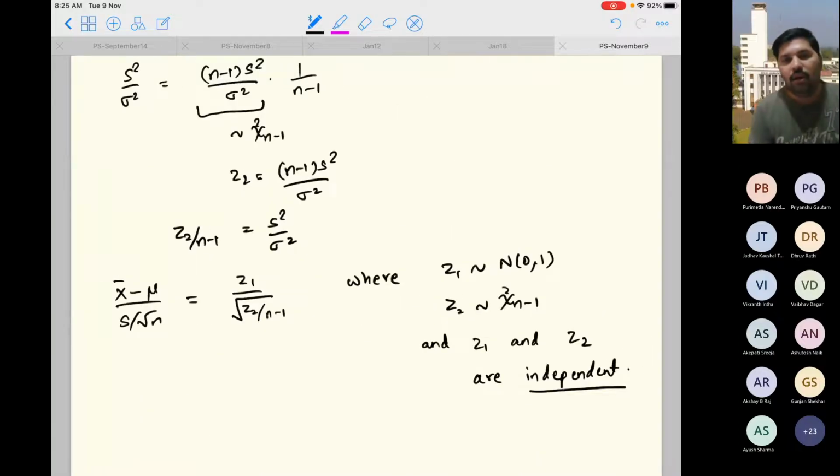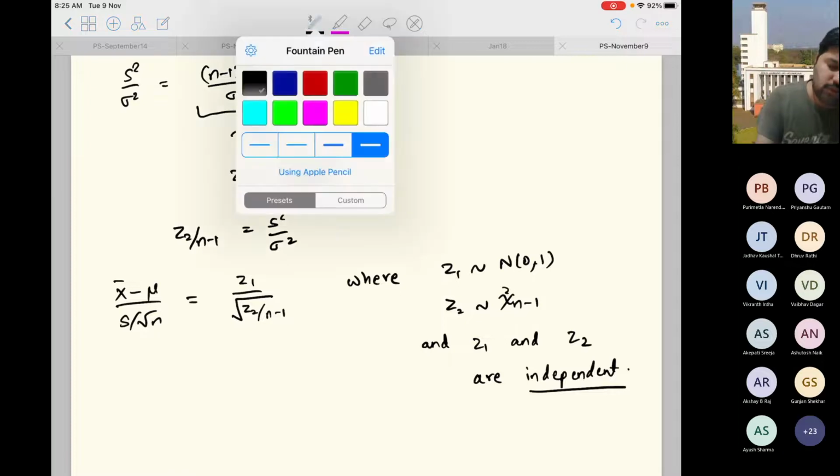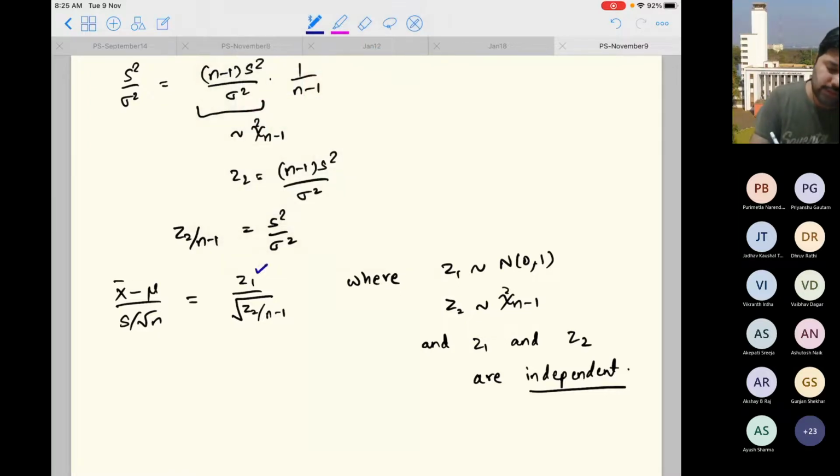So what do we have here? A ratio of a standard normal random variable Z1 in the numerator, and the square root of Z2 divided by n minus 1 in the denominator.